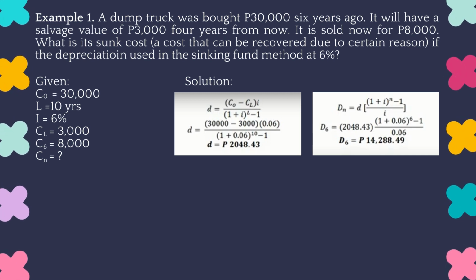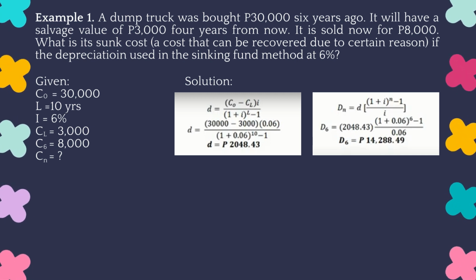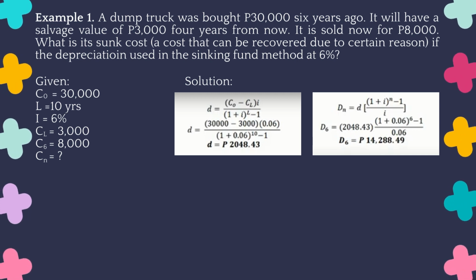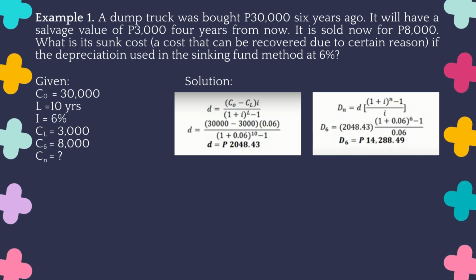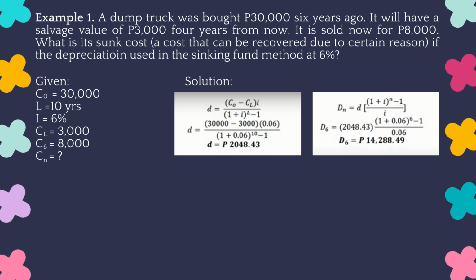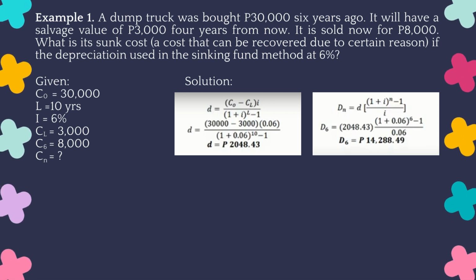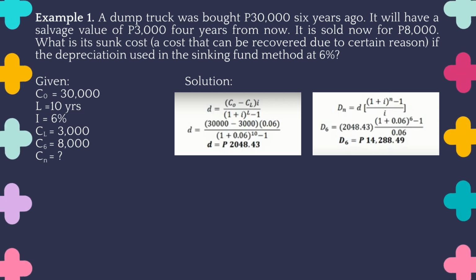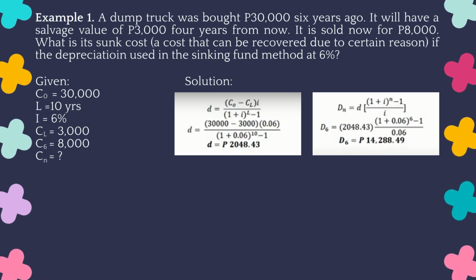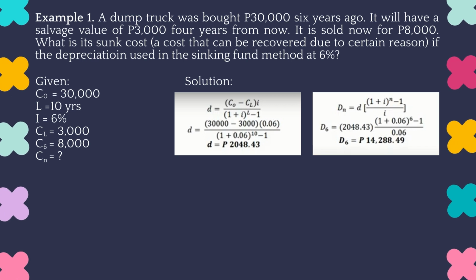The next step is to use the formula D sub N is equal to D times 1 plus I to the power of N, and then minus 1 over I. So just plug in the total amount of D in this formula. So D sub 6 is equal to 2,048 pesos 0.43.